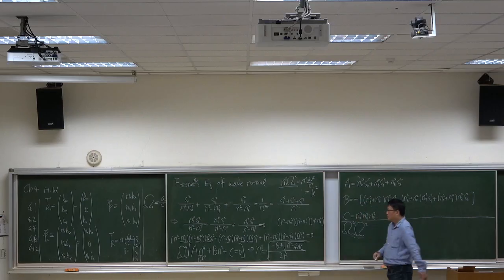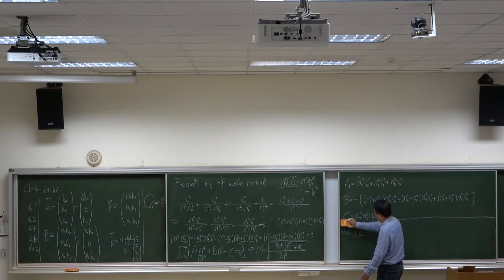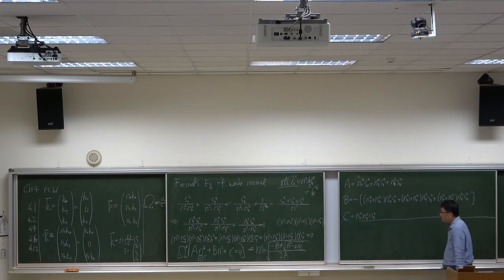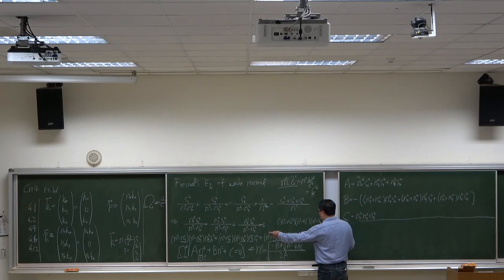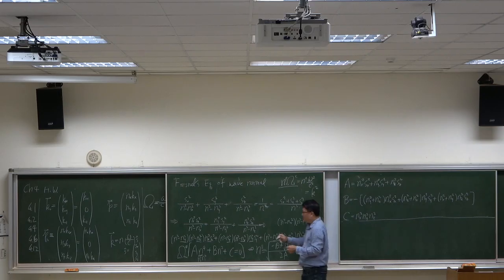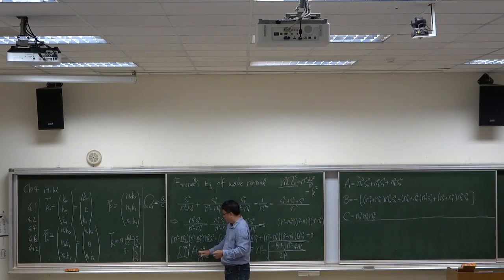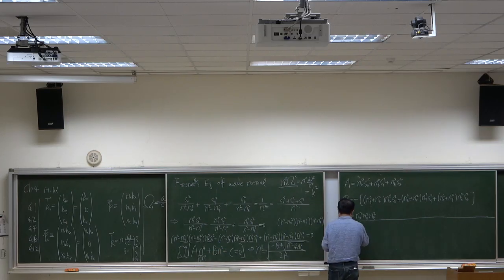Okay, so now we try to understand what is the result. First, we have omega squared times n squared gives us k squared.